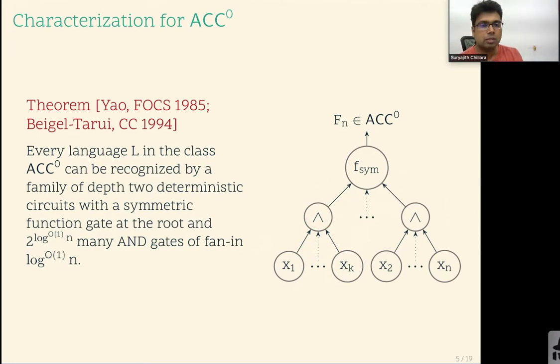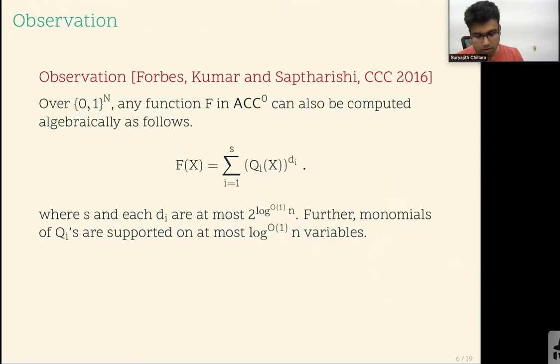What Forbes, Kumar and Saptarshi observed is that every symmetric function can be written as a univariate polynomial over the sum of its inputs when the field is large enough. Any symmetric function can be algebraized and expressed as a univariate polynomial over the sum of the inputs of that symmetric function.